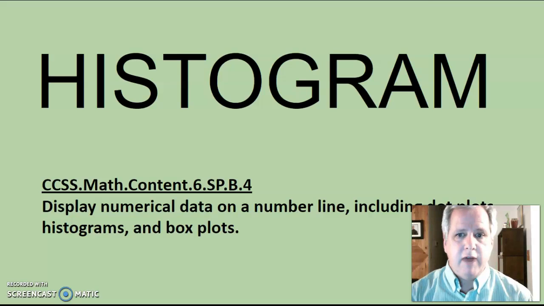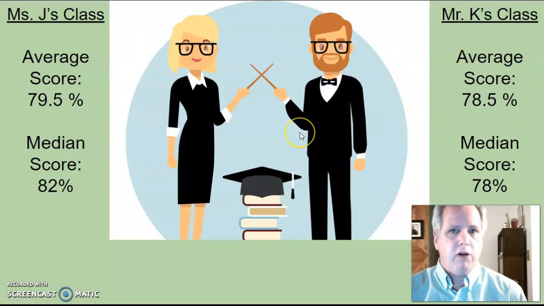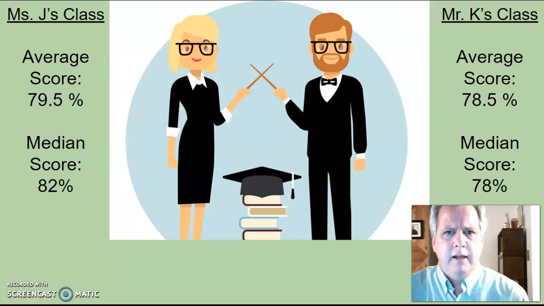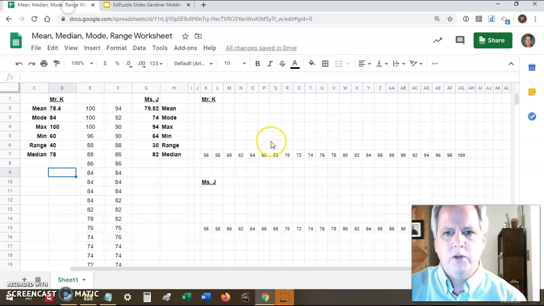A histogram is a picture. I have not shown you the picture of all of the student test scores for Ms. J and Mr. K. And you can tell I'm just repeating a lot of my slides from before. So let's get rid of this and go to a picture making area.